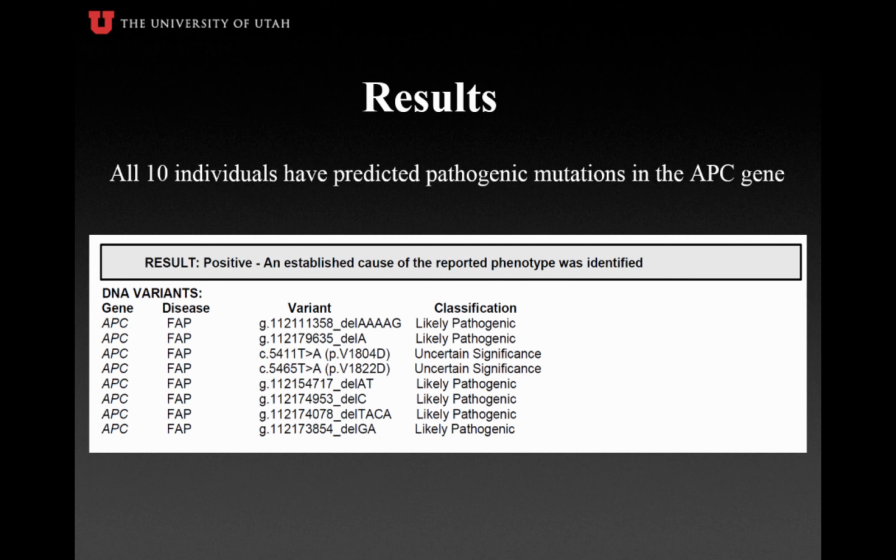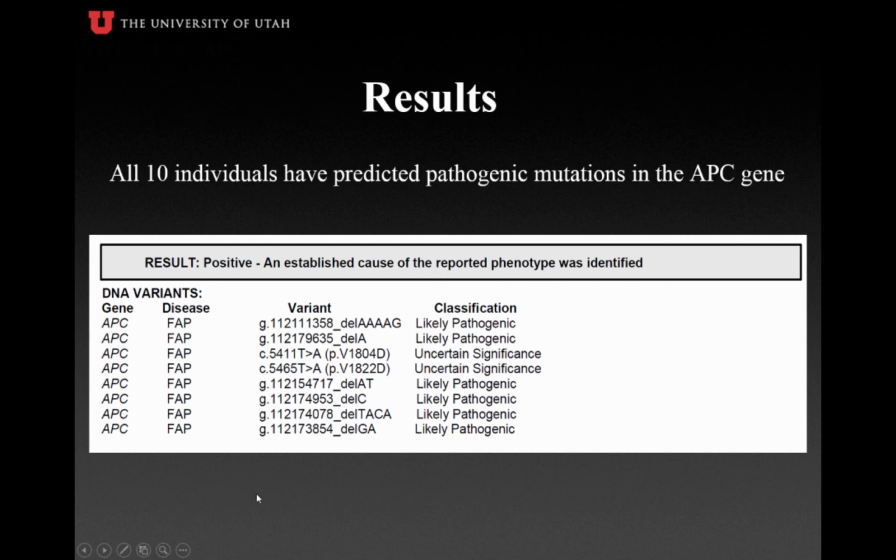However, because this is exome sequencing, all of these deletions occur within the coding region of the protein, and because they are deletions of nucleotides not in multiples of 3, it's likely to lead to frameshift mutations, resulting in either truncated protein products or full-length protein products with scrambled amino acids. Thus, based on this evidence and the known effect of mutations in the APC gene, which I'll discuss in the next slide, we classified these as being likely pathogenic.